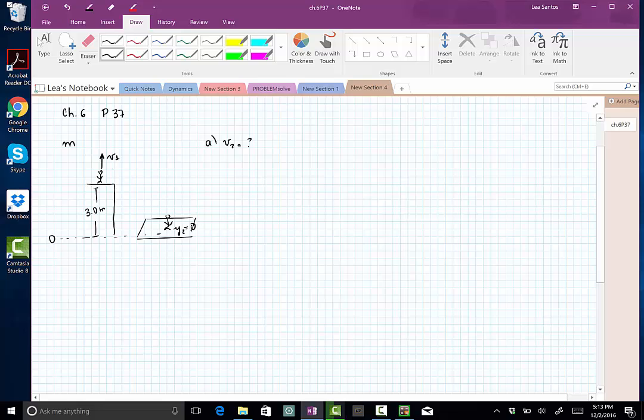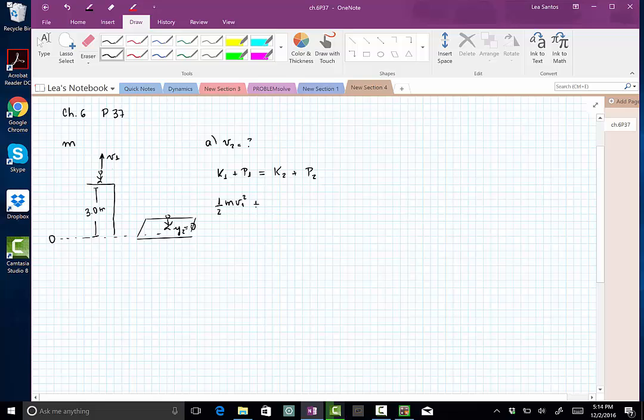All right, so let's solve this problem. What we have is conservation of mechanical energy. So the initial kinetic energy plus the initial potential energy is equal to the final kinetic energy plus the final gravitational potential energy. Initially we have kinetic energy, so we have 1/2 m v1 squared. Everything here we know, everything is given.